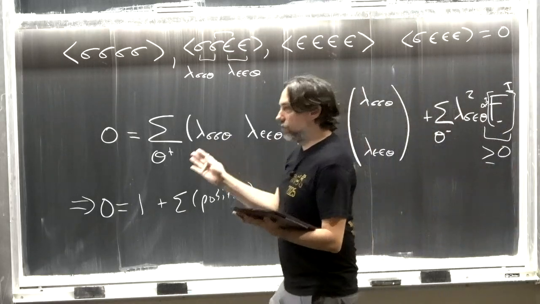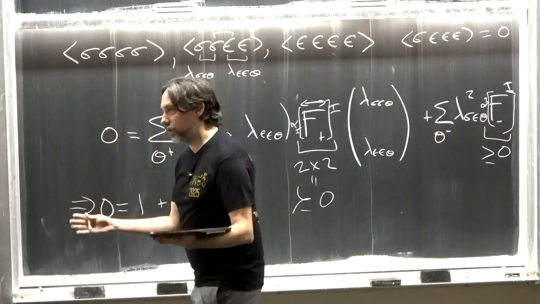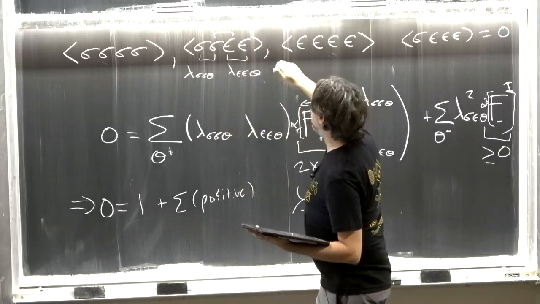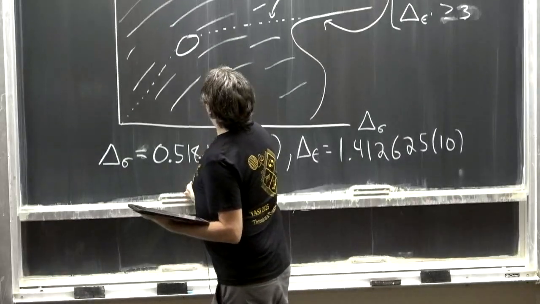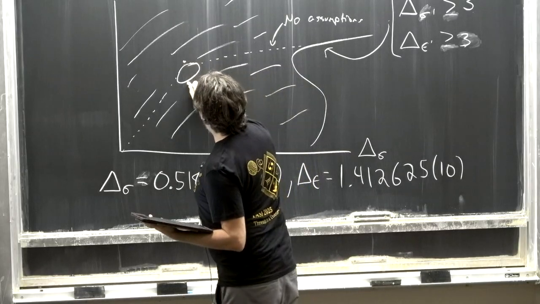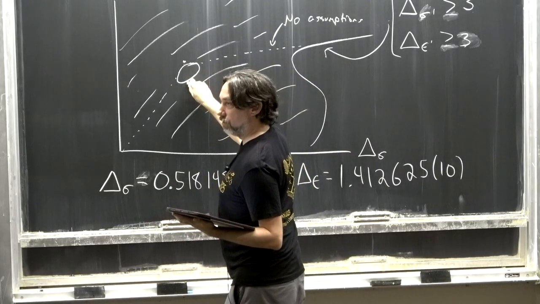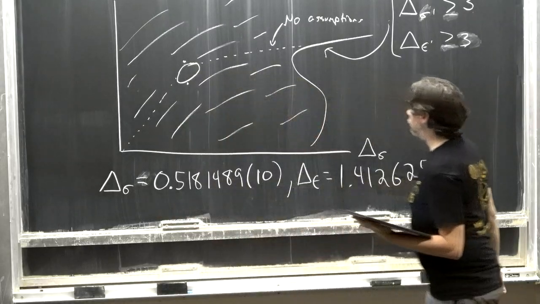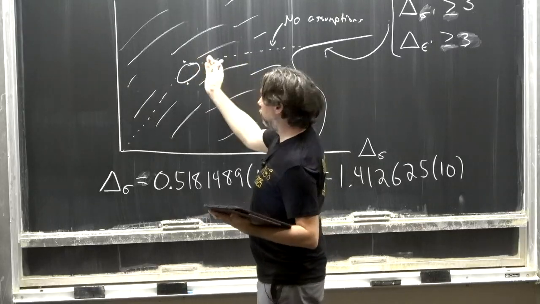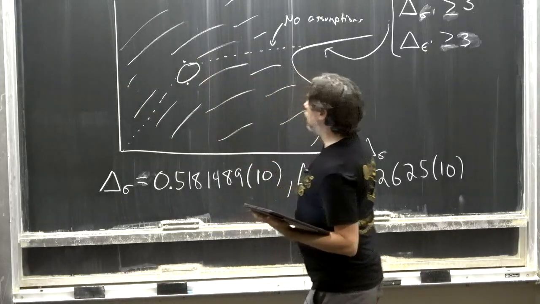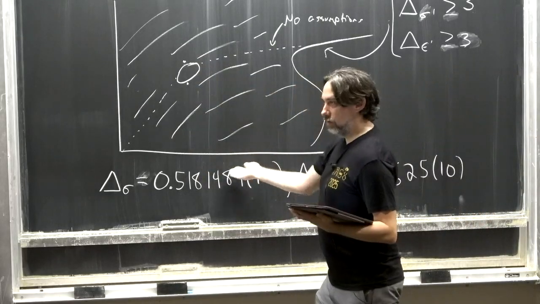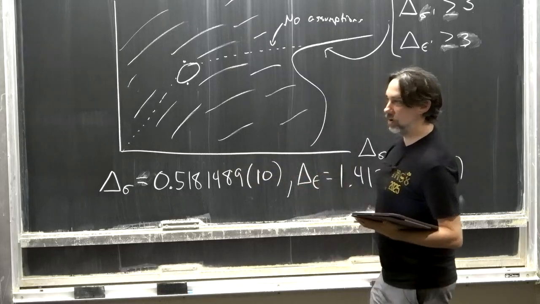Modulo tiny errors from the approximation of the conformal blocks and so on that are well under control, these are rigorous error bars, in the sense that we're mapping out this region, and points out here are rigorously excluded. You could ask how precisely you map out this region. There's some algorithm for reconstructing this shape, but we can map it out precisely enough that we can claim these are rigorous error bars.